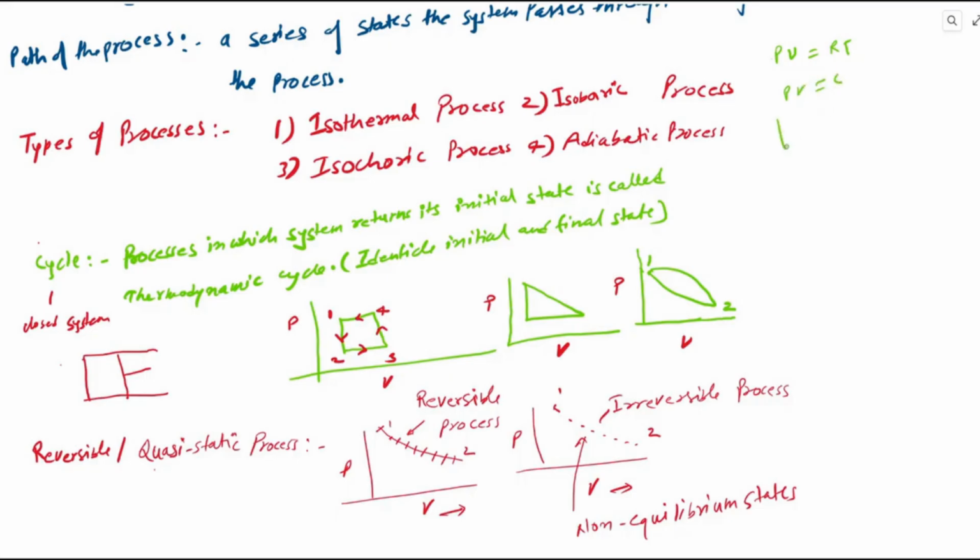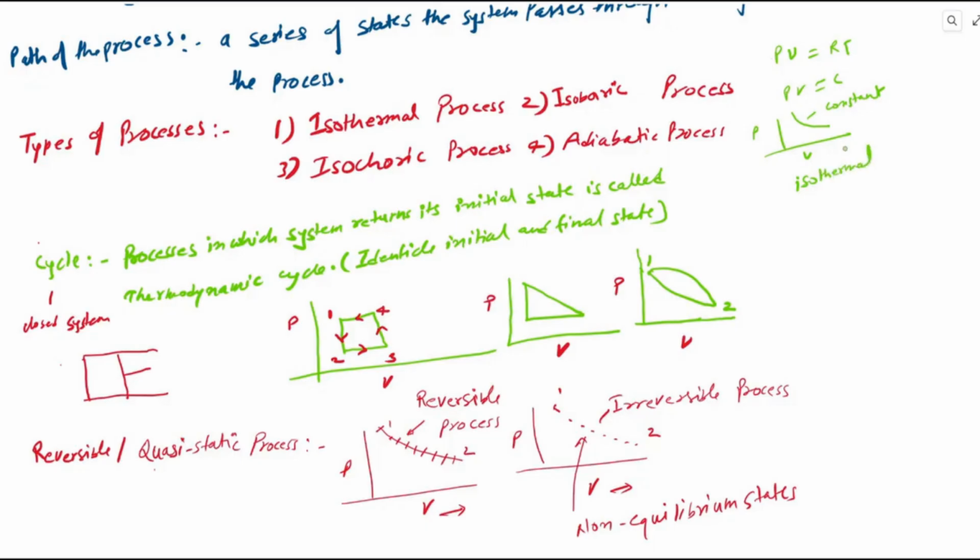When we draw PV equals constant in a PV diagram, the curve will come like this. This is a constant temperature line, also called an isothermal process.